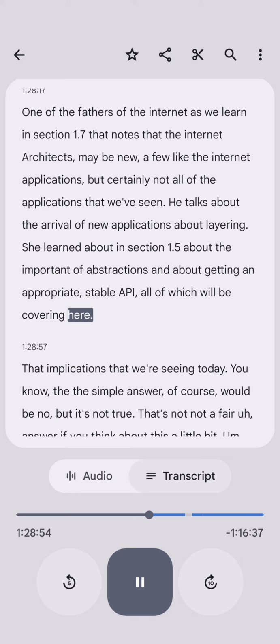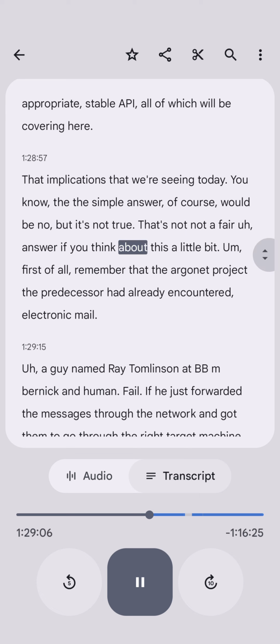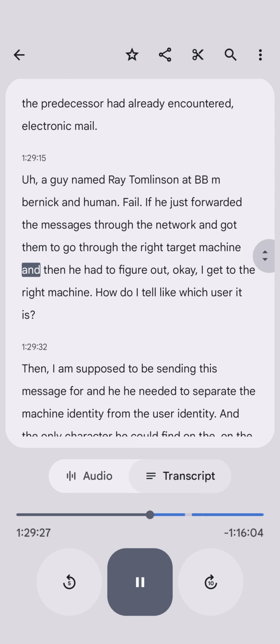Did you imagine at the time that it would have the ramifications and implications that we're seeing today? You know, the simple answer, of course, would be no, but it's not true. That's not a fair answer. If you think about this a little bit, first of all, remember that the ARPANET project, the predecessor, had already encountered electronic mail. A guy named Ray Tomlinson at BB&N, both Beranek and Newman, realized that he could do networked electronic mail if he just forwarded the messages through the network and got them to go to the right target machine.